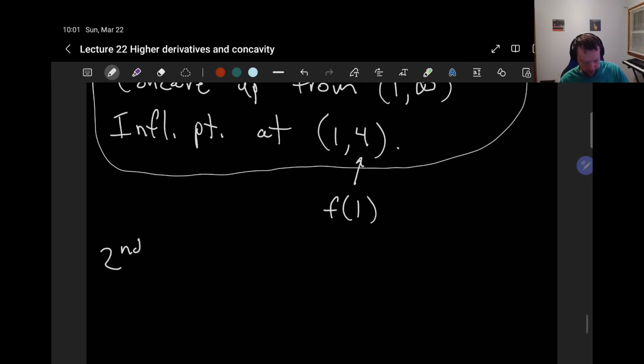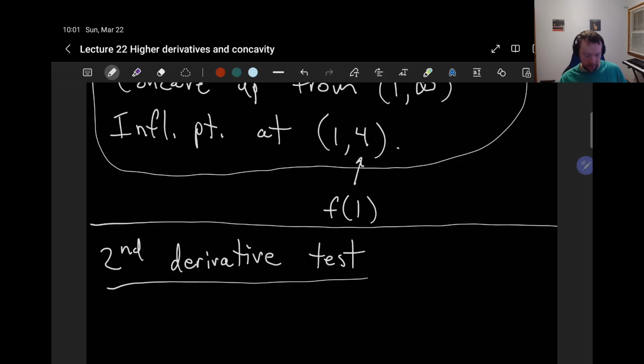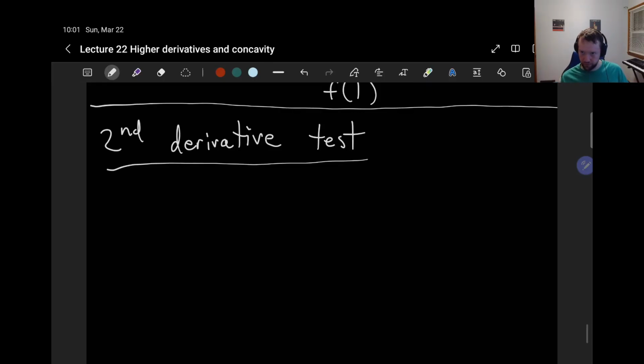This is called the second derivative test. We learned about the first derivative test last time. That involved the first derivative. So this is another test which uses the second derivative towards the same purpose.